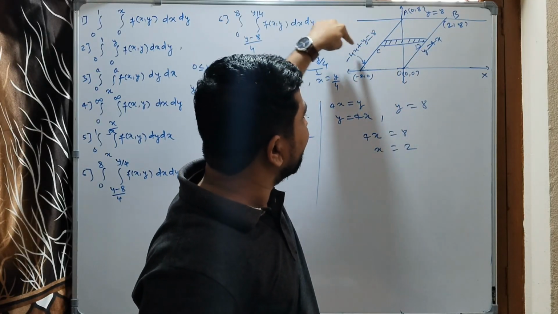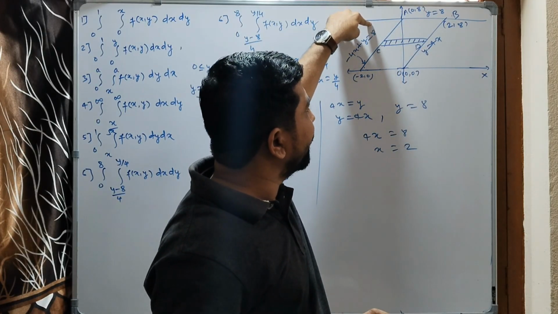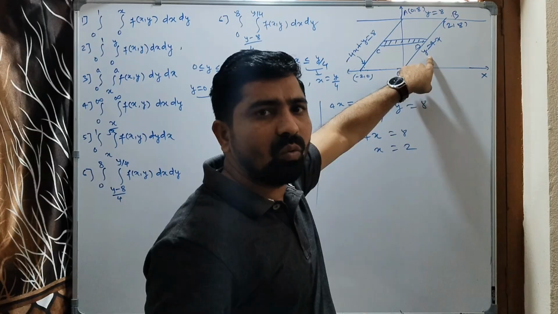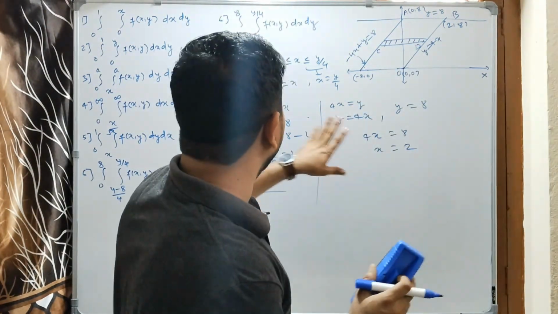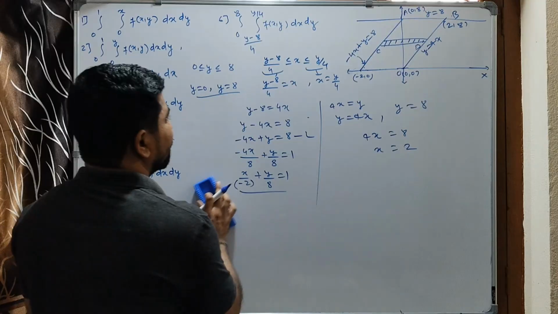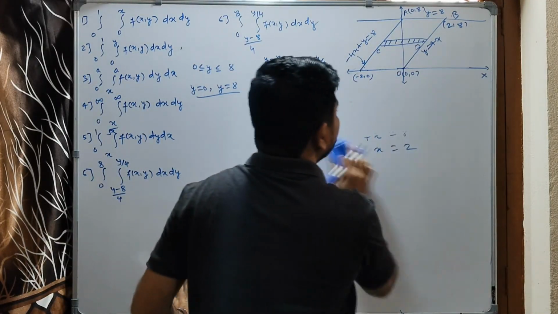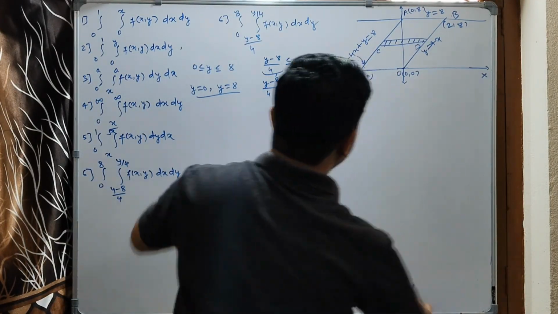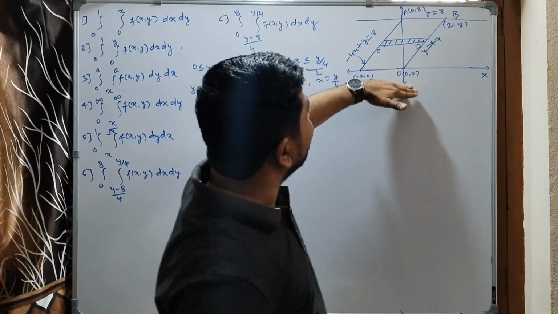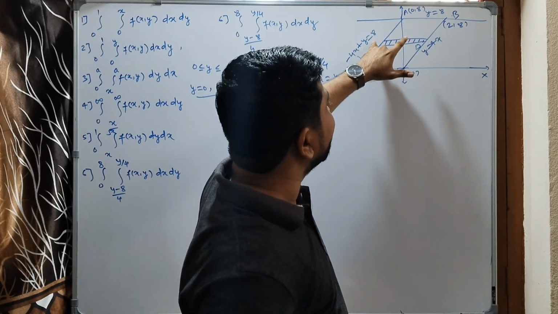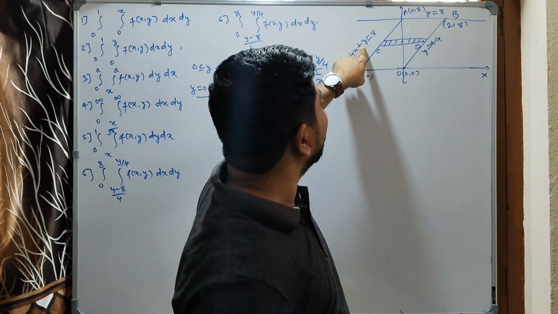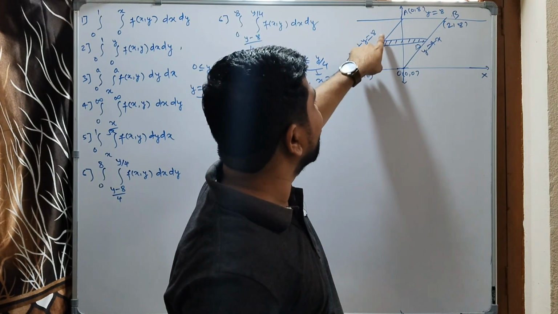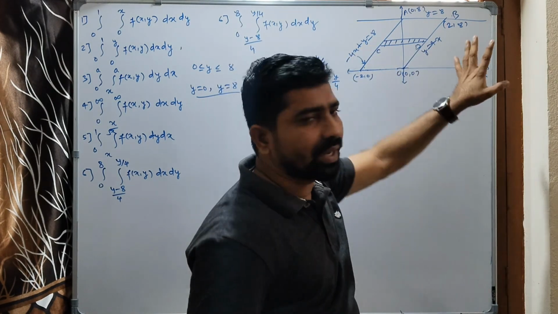It starts at this line minus 4x plus y equal to 8 and terminates on this line y equal to 4x. After that I want to find the limits of x and limits of y. So here this is the limits of x. Start from this line minus 4x plus y equal to 8 to y equal to 4x.